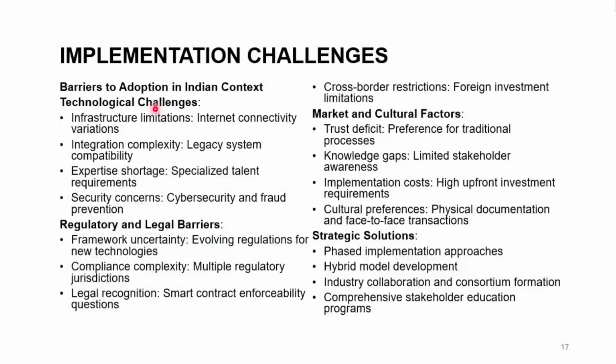And then legal recognition also has to be there for smart contracts, that the legal framework should also acknowledge these systems and these contracts. Only then will they be of any use. And then cross border restrictions also, that foreign investor investment limitations are there, which you have to resolve with the help of the government.